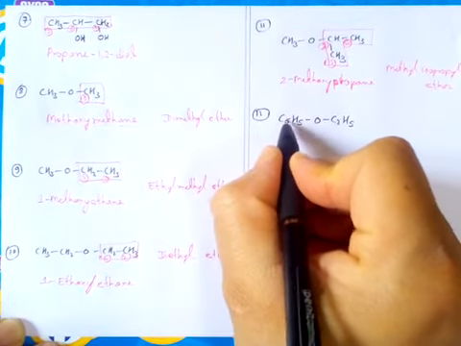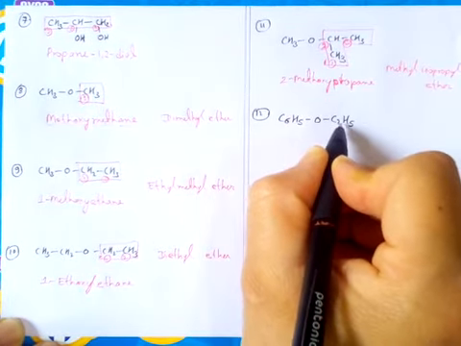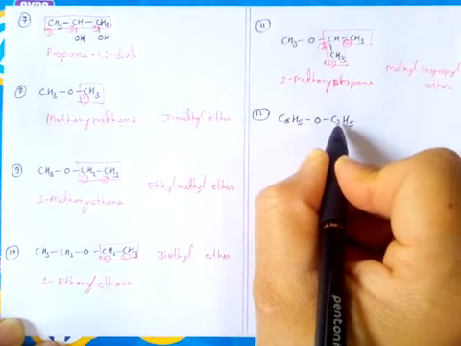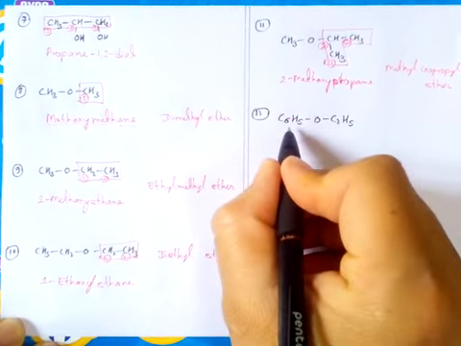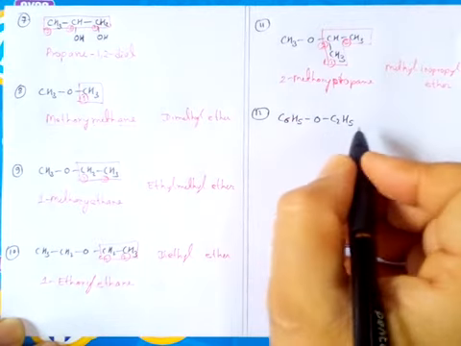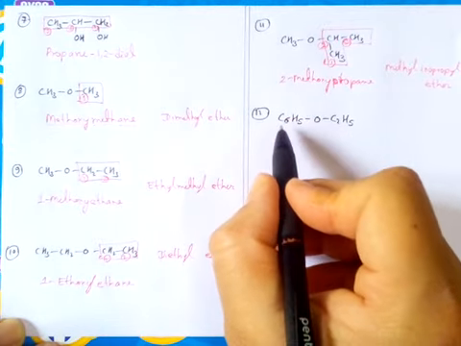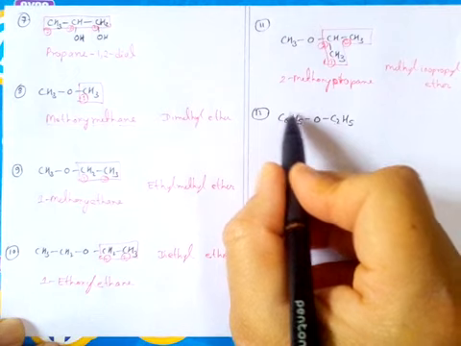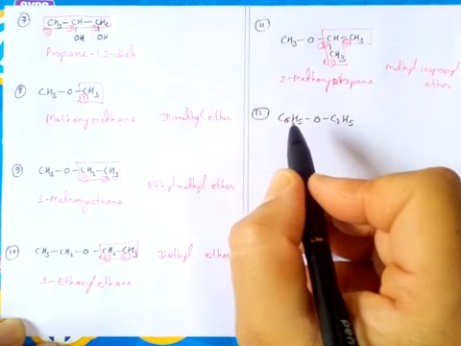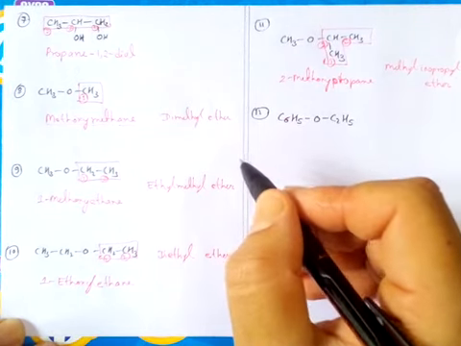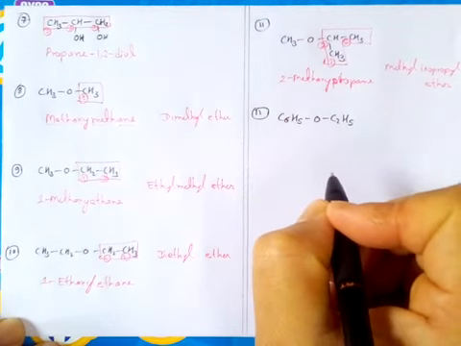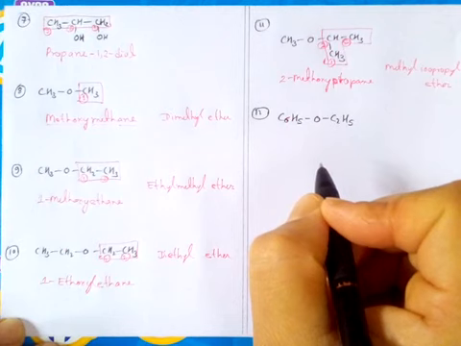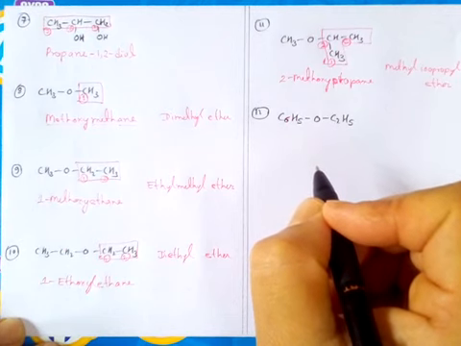Now this one is C6H5, a benzene ring, and here is an ethyl group, C2H5. This is your benzene. Now remember this C6H5: benzene as a branch is called phenyl, otherwise benzene as a functional group or main group, if it is a parent chain, is called benzene.